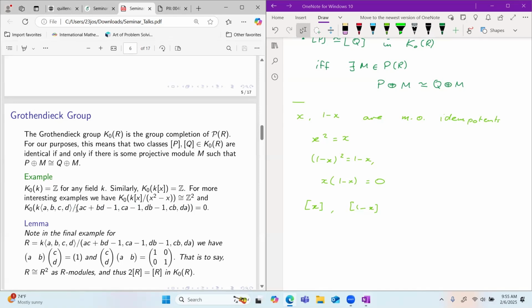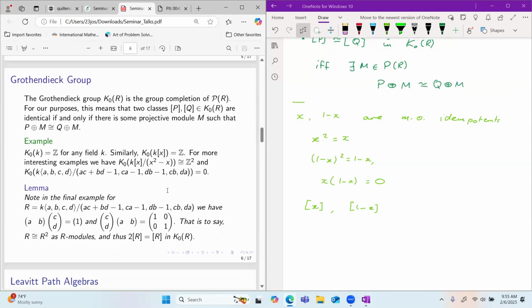If we have these 4 free symbols which don't commute, and we impose these very specific relations, you can get a ring whose K0 is 0.